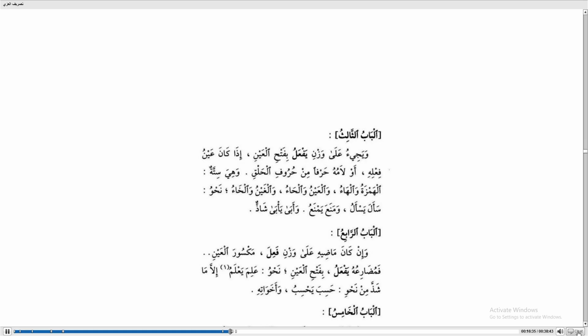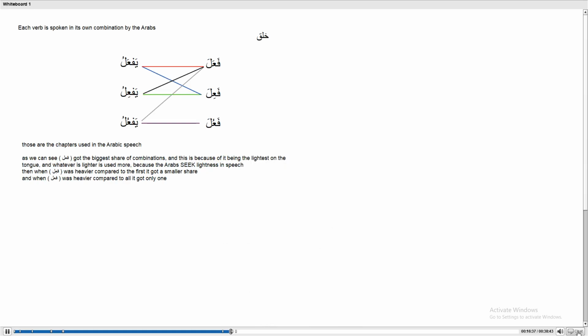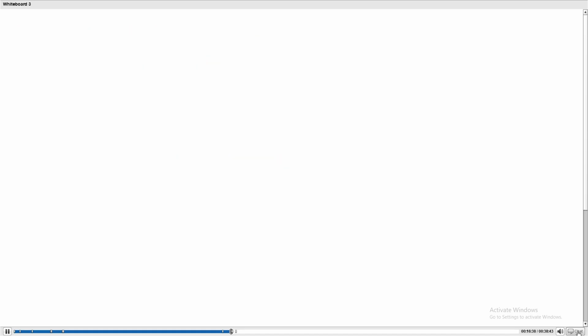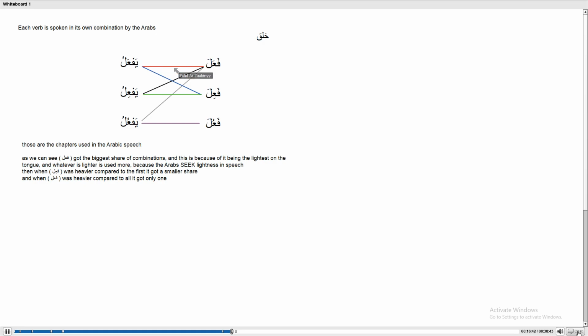طيب. Here he said that if the ماضي was on the scale of فعل, then its مضارع comes on يفعل or يفعل, and it could come on يفعل.